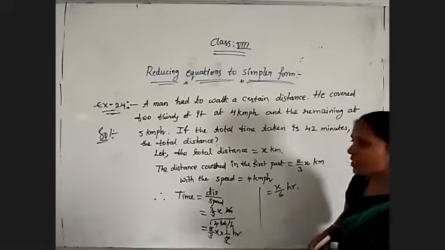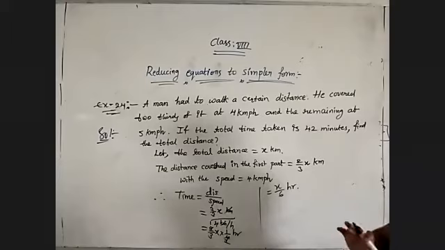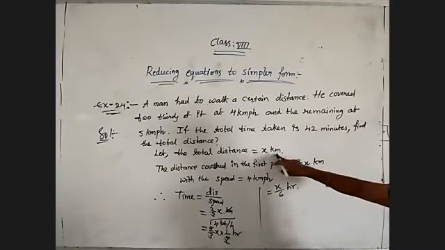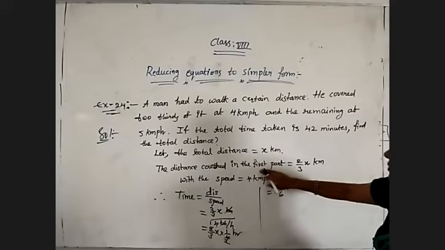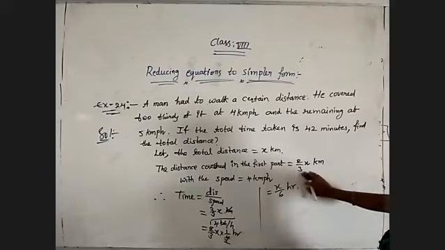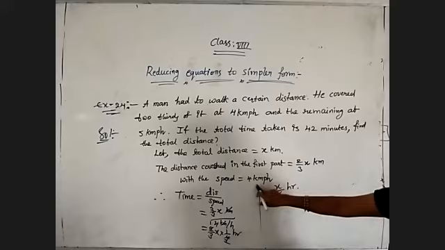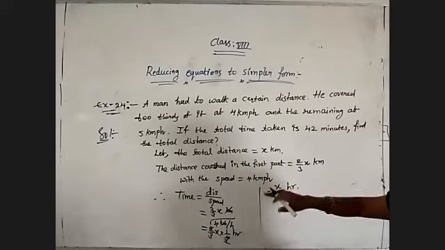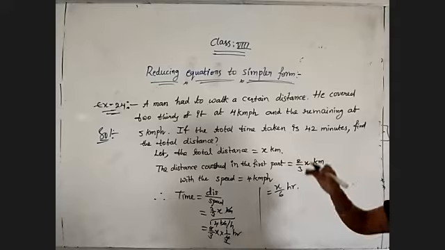Okay, check this again. Once again I am telling, observe. The total distance is x kilometers. In that, he finishes the first part, 2/3 of x, at the speed of 4 kilometers per hour. Then we have time is equal to distance by speed.